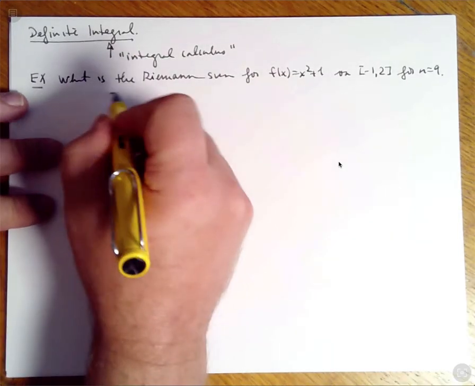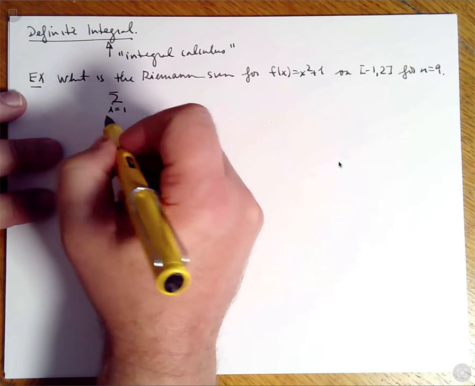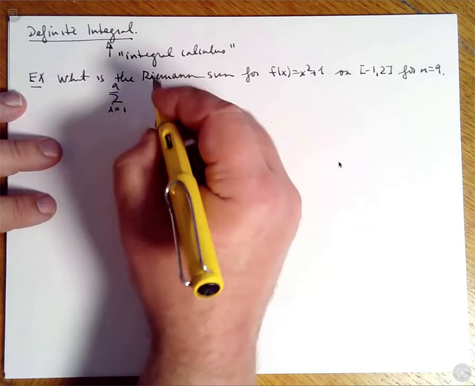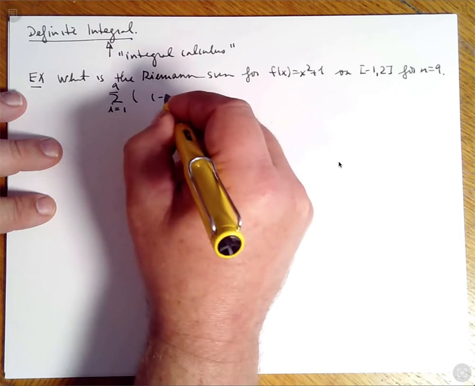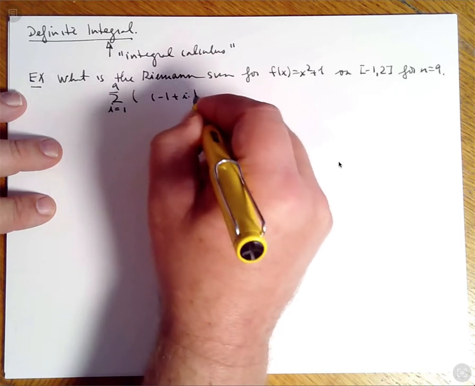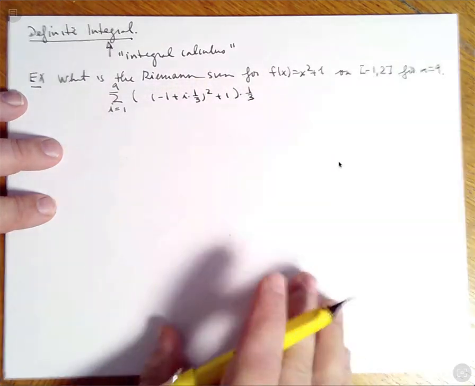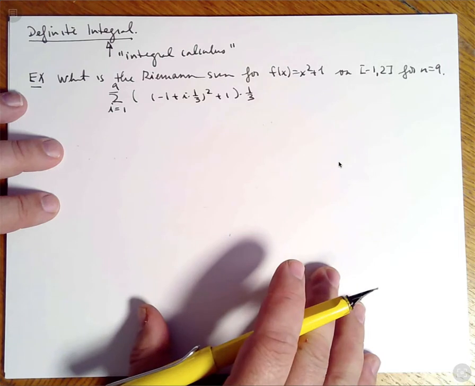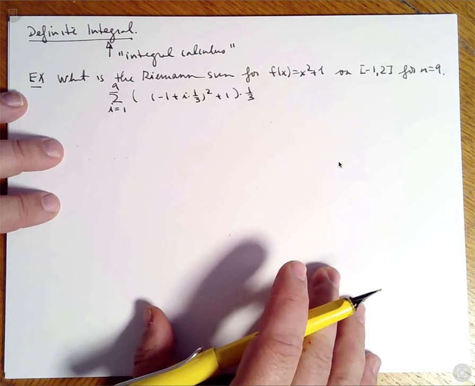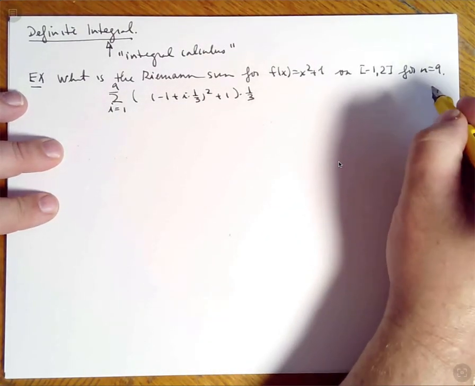And I think we came up with something like the sum as i goes from 1 to 9 of, what would it be, (-1 plus i times a third) squared plus 1, times 1/3. I think that's the Riemann sum we would write down for that, using the right endpoints of each of the subintervals. There was nothing special about the number 9. Okay.